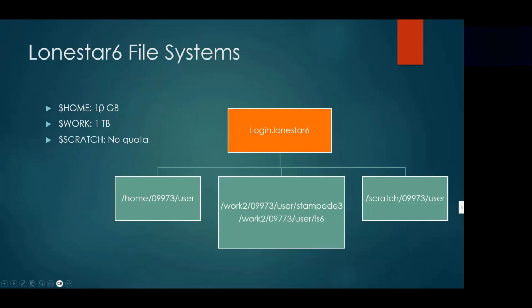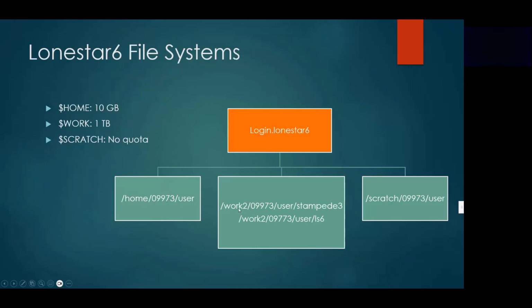And the file structure. You see here, Lonestar, your home directory only has 10 gigabytes. Your workspace has 1 terabyte. The scratch space is exactly the same. You see the Lonestar home. This is the same code name, the same project name, and then your username.